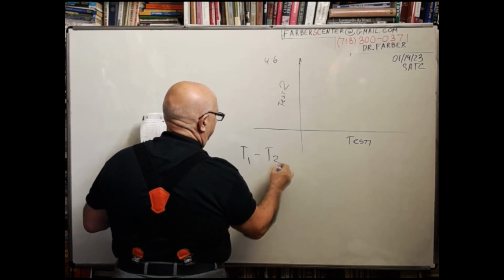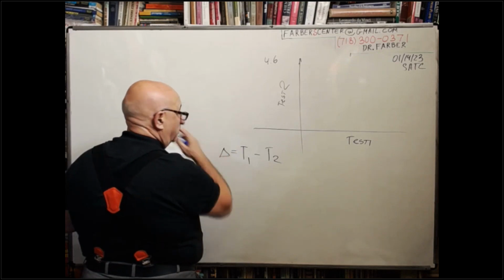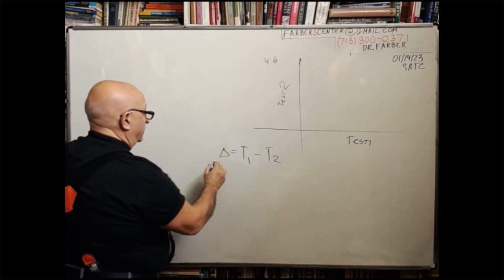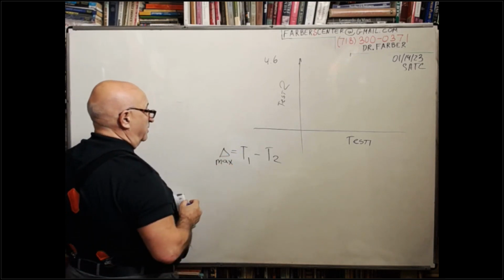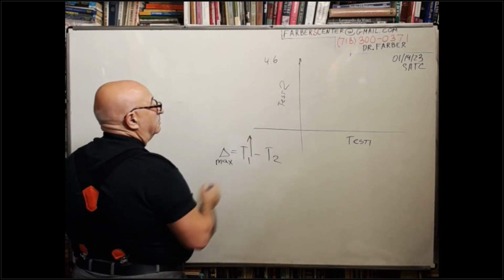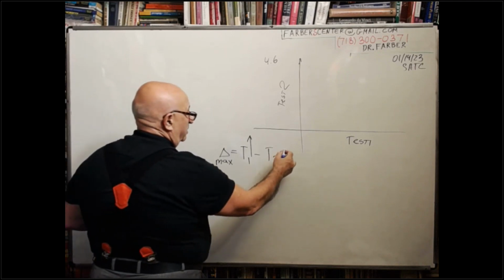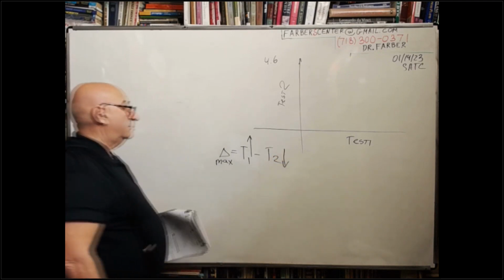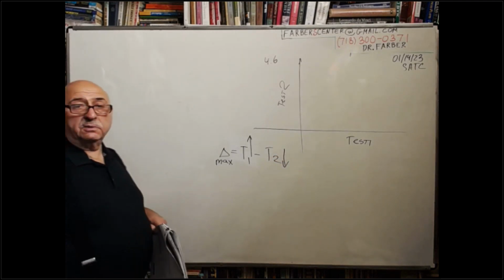They ask you greatest. Test 1 minus test 2, and this difference is maximum. When will it be maximum? When this is the greatest and this is the smallest. Make sense?